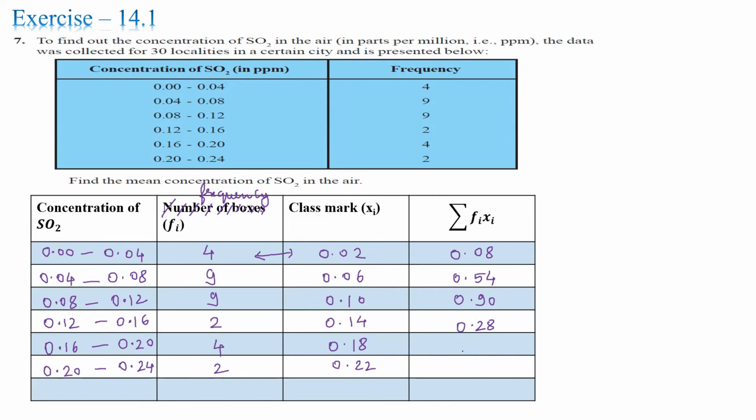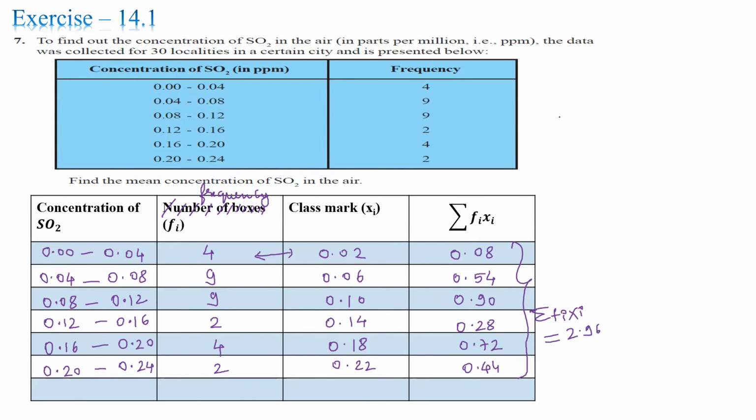Next, 0.72. And next, 0.44. Do the summation of all these values. That will be your summation of fi xi. How much is it coming? 2.96.